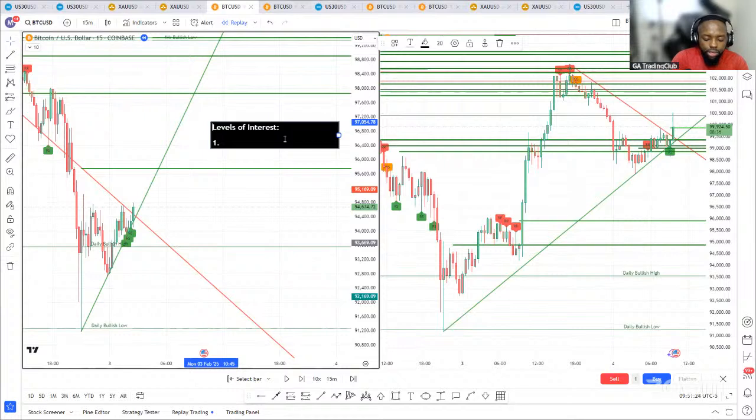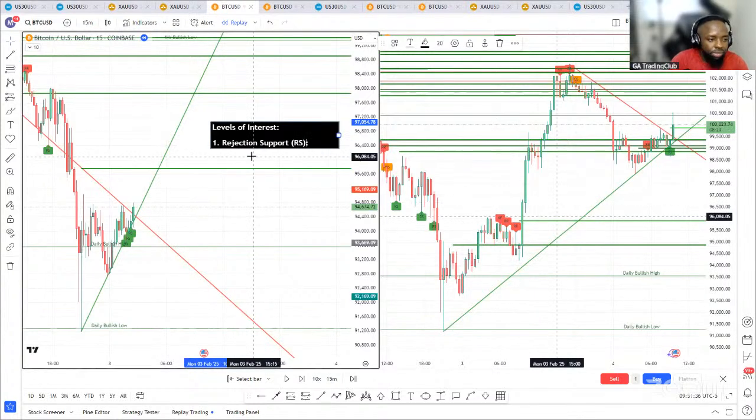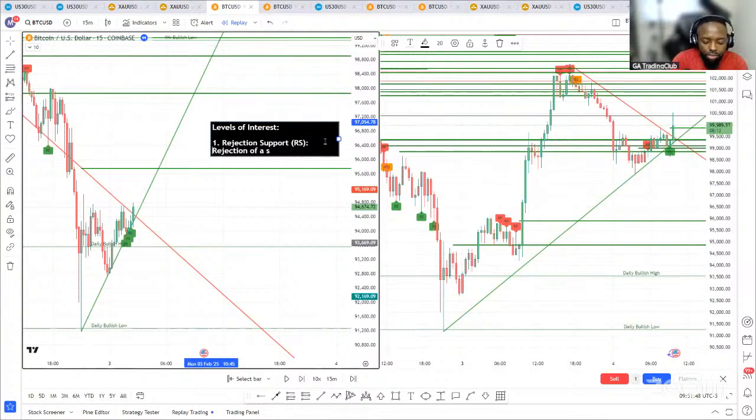So the first one is rejection support. And again, I'm making a PDF of all of this. I've already started making a PDF of all the entries, so hopefully it should be done within a month or so. So this is rejection support, and this would be rejection of a support line.